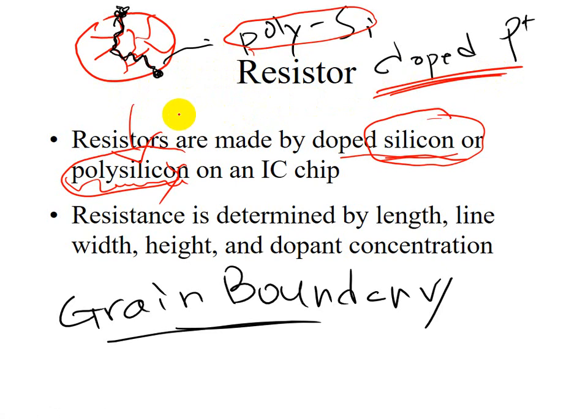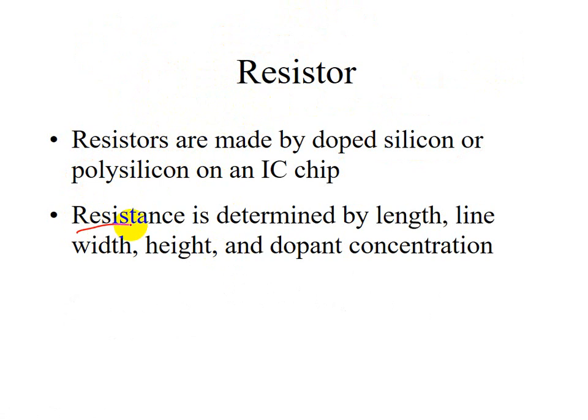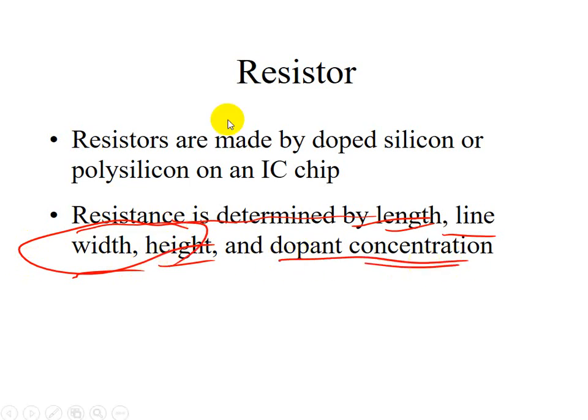Again, you control the resistor. The resistance is determined by the length, line width, line height, that is the cross-section area, and the dopant concentration.